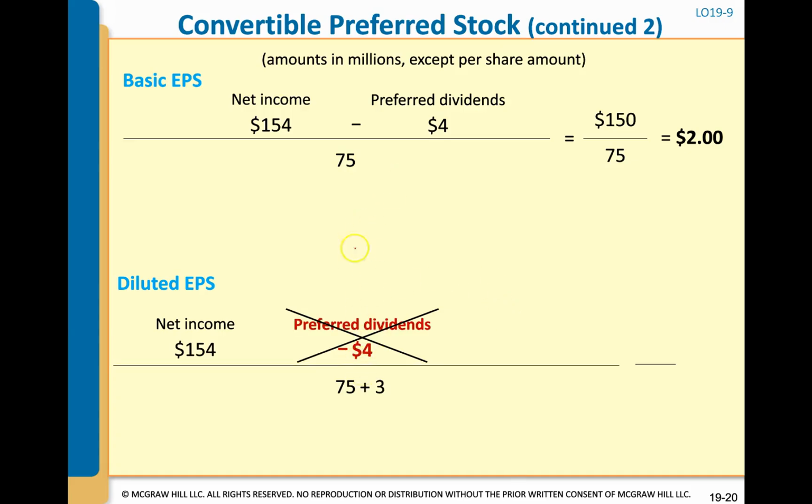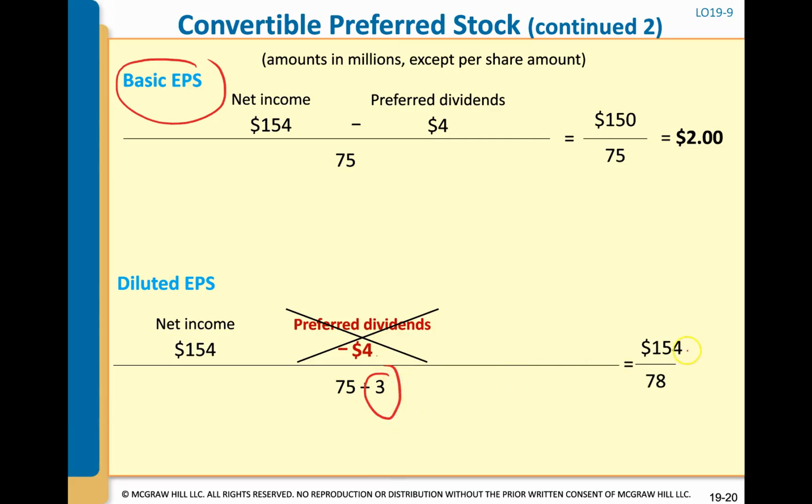So when I look at that, here's my basic EPS calculation over here. When I layer in the conversion of the preferred stock, I have to remove my $4 million dividend from the numerator, and I'm going to increase my denominator by the 3 million common shares that I converted into.